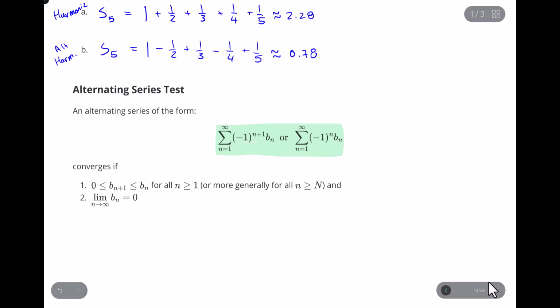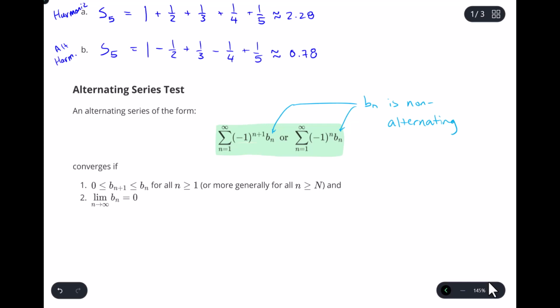One thing I want to mention is that b sub n is non-alternating, because the alternating piece is the (-1)^n, and that's not included in b sub n.